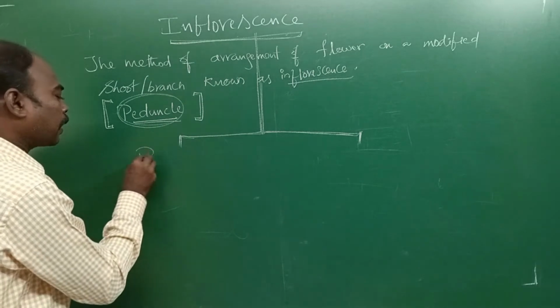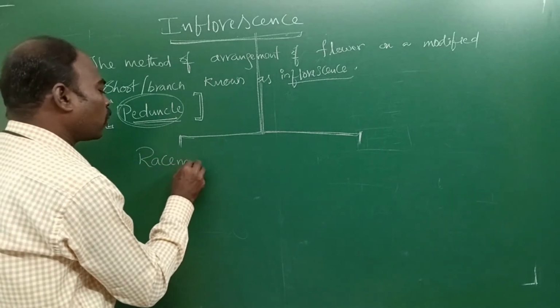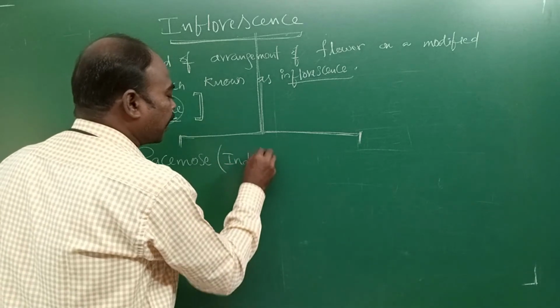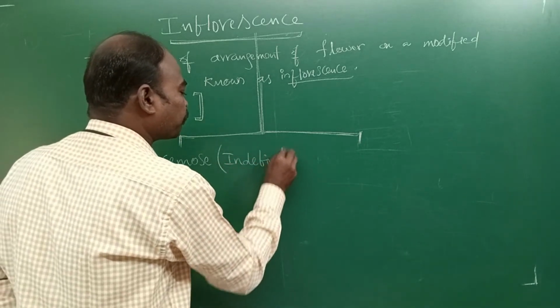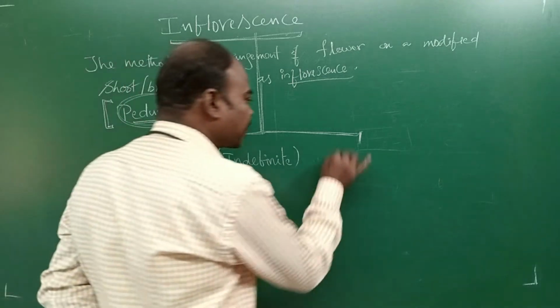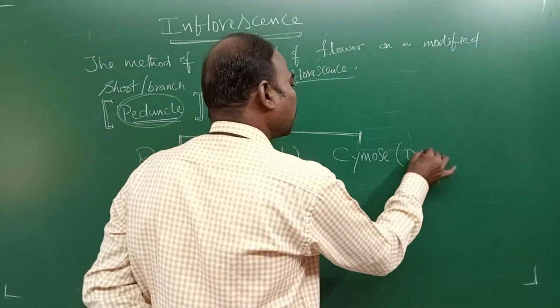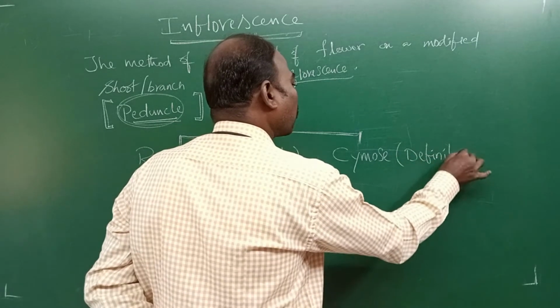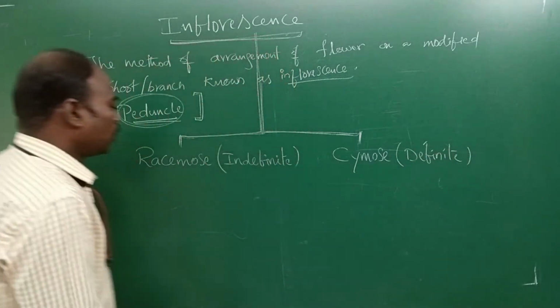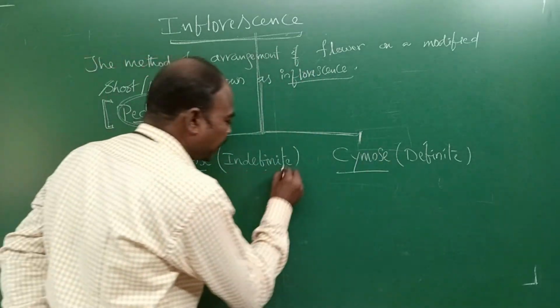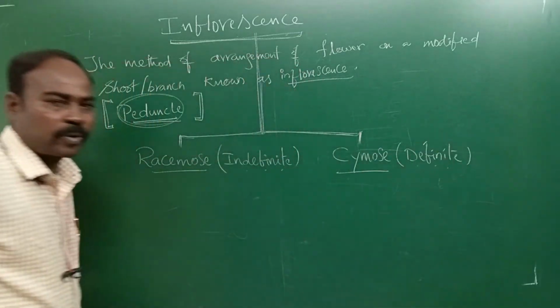That is the racemose type of inflorescence, or indefinite inflorescence. The second one, the cymose type of inflorescence, or definite inflorescence. Racemose or cymose, indefinite or definite.